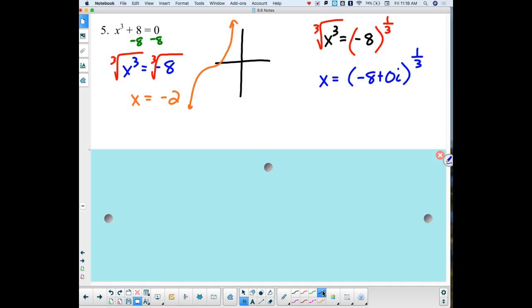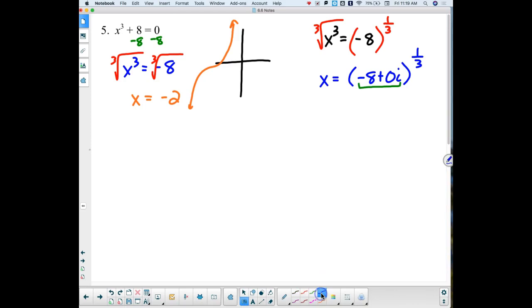Go for it. You convert it for me and see what you get. What do we got for -8 plus 0i in trig form? 8 times the cosine of 180 degrees plus i sine 180 degrees.